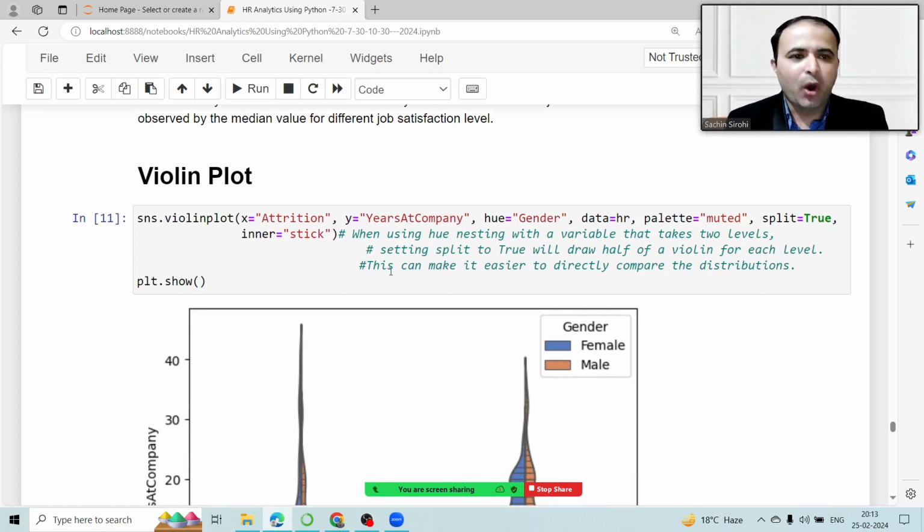Now the violin plot. The violin plot is also a Seaborn plot for data visualization. Actually, I want to check the attrition by years at company and gender.